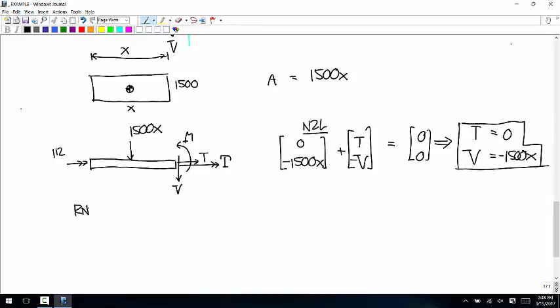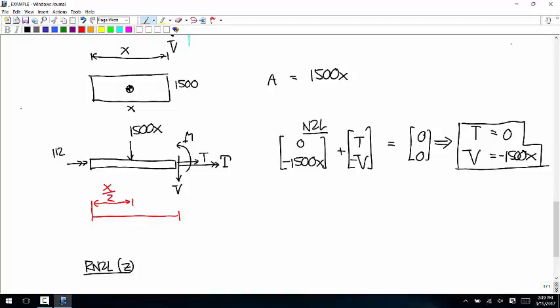And now the moment equation about the z-axis. So what would produce moments about the z-axis? Here are the lengths we have. This distance is x over 2.